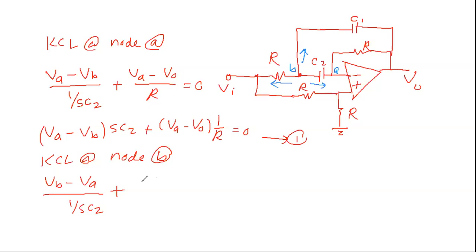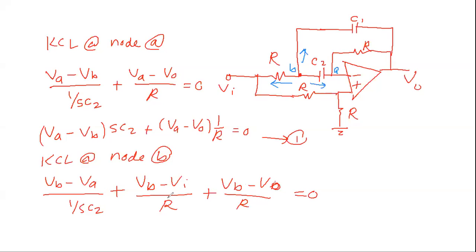VB minus Vin over R. How about the third one? VB minus Vout divided by R equals 0.